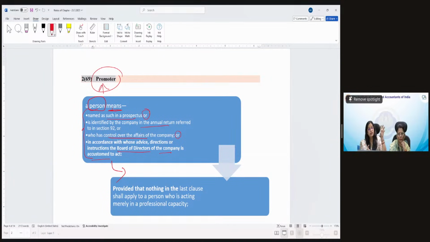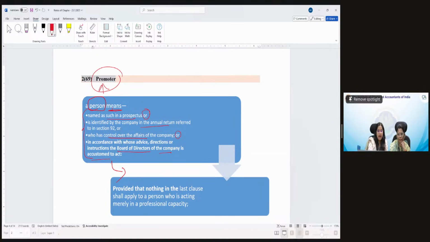Now the next 2 points are referring to the management. The first point was who has control over the affairs of the company, or in accordance with whose advice, directions, or instructions the board of directors are accustomed to act.